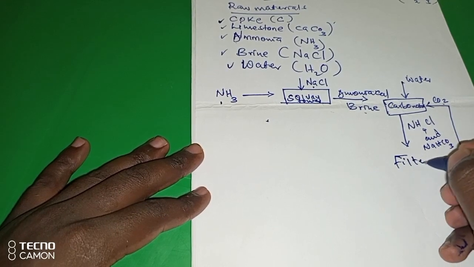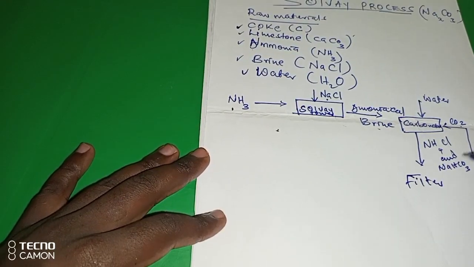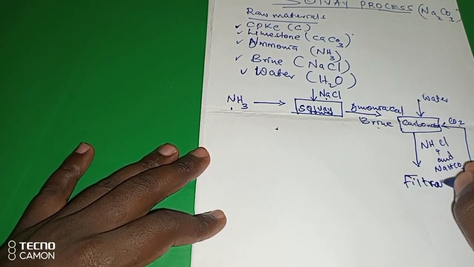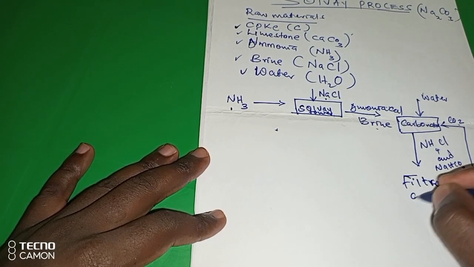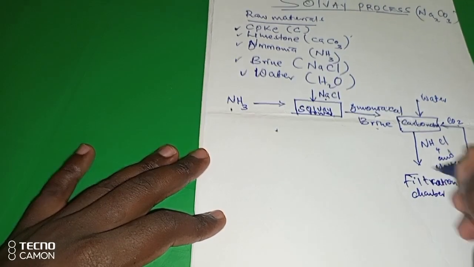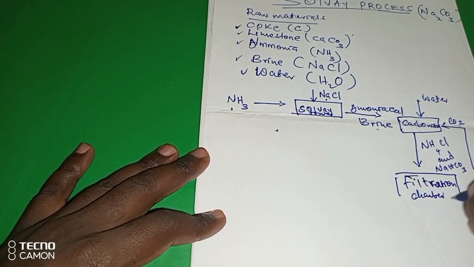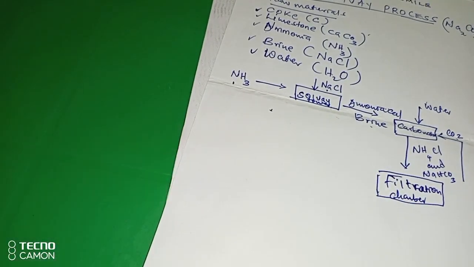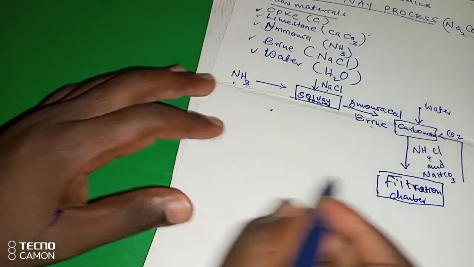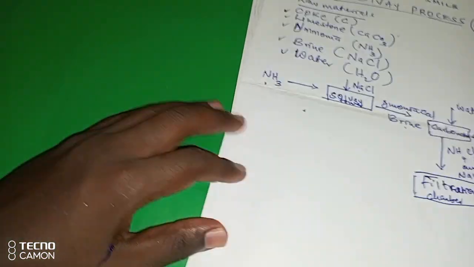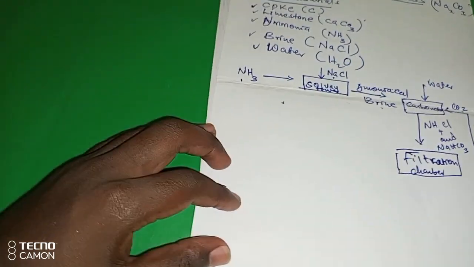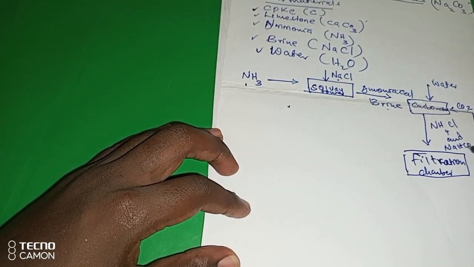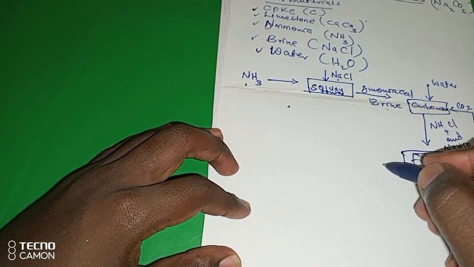These two are taken to a filtration chamber where ammonium chloride is separated by filtration.